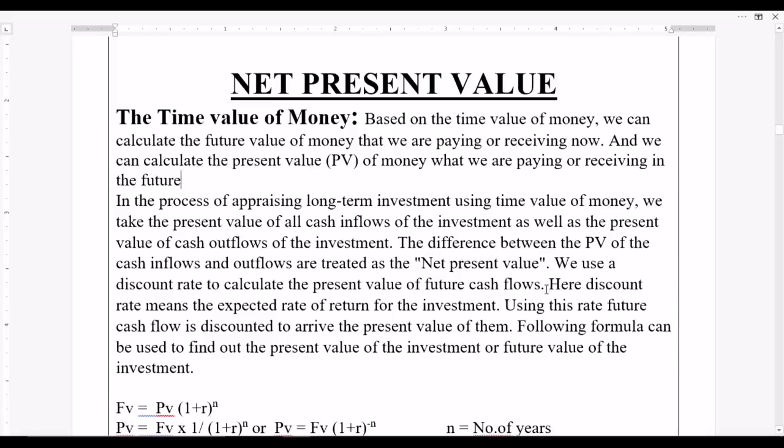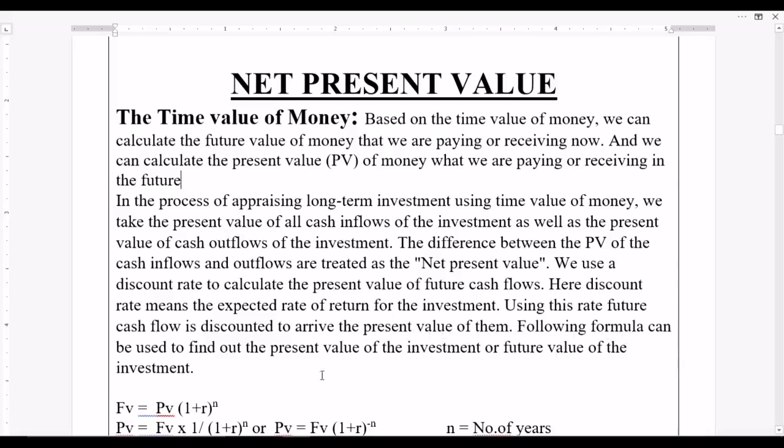Here, discount rate means the expected rate of return for the investment. Using this rate, future cash flow is discounted to arrive at the present value of them.